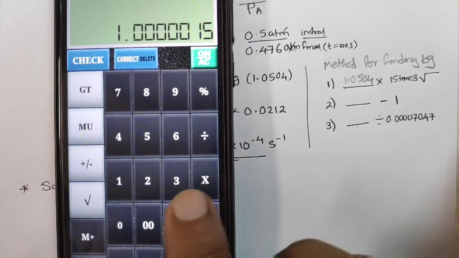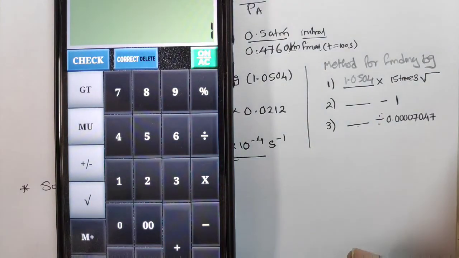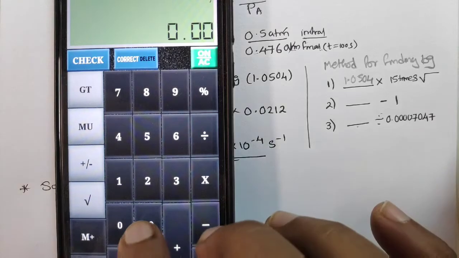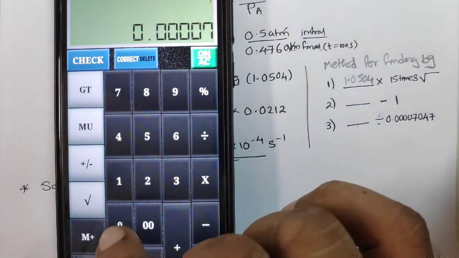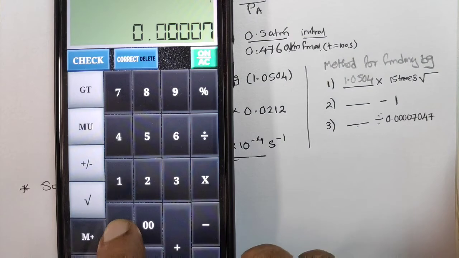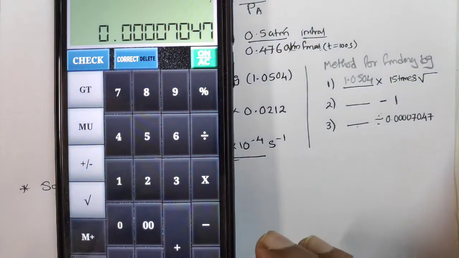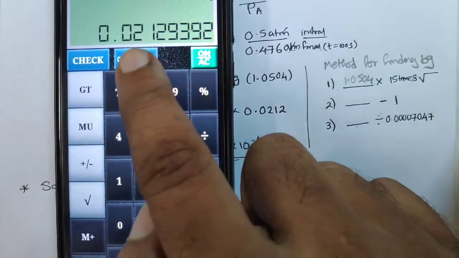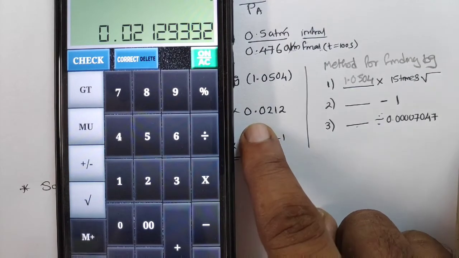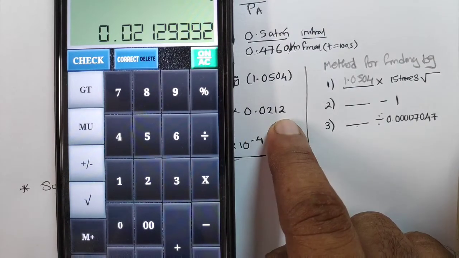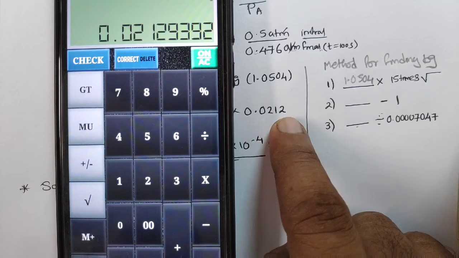Then minus 1, and divide by 0.000407047. What did you get? 0.0212. That is our answer. After the decimal you can take 4 digits.